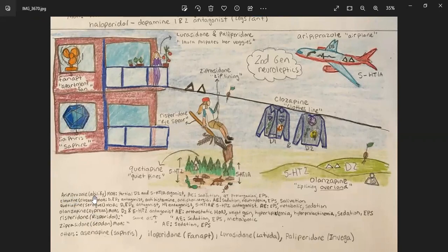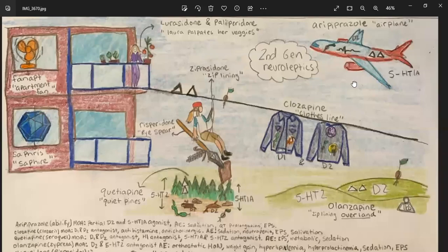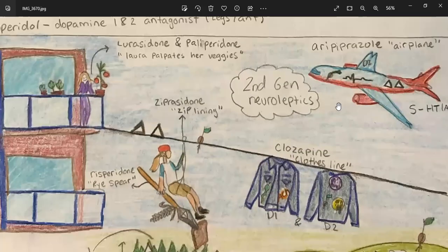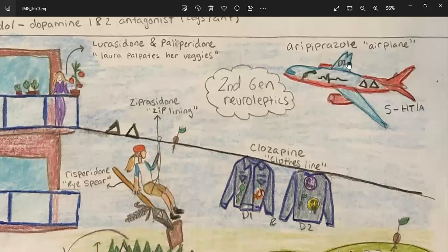So aripiprazole or Abilify is shown here by the airplane. Airplane for aripiprazole. And it is a partial D2 and 5-HT1A agonist. So to help you remember that it's a partial D2, the wings are damaged here, both of them. So that has two damaged wings, D2.